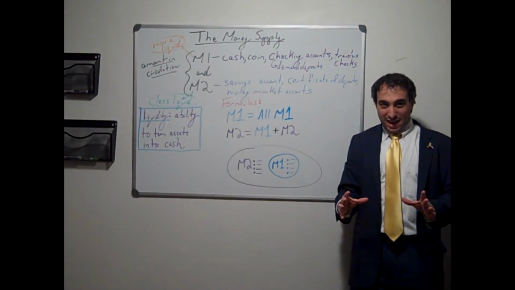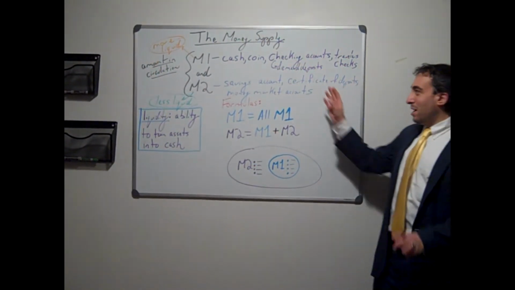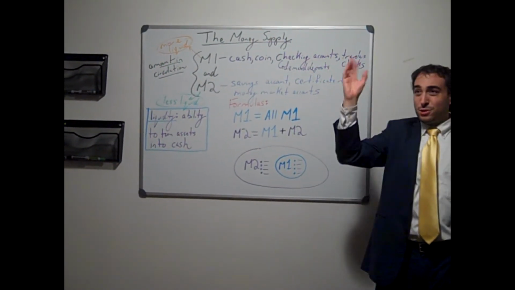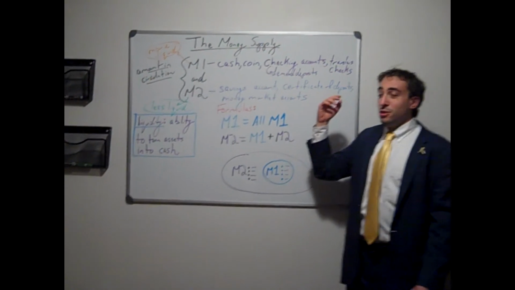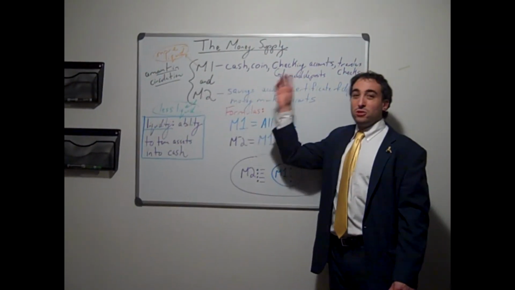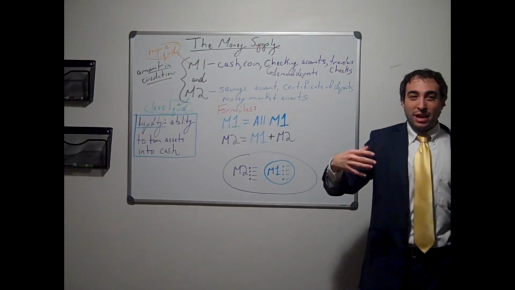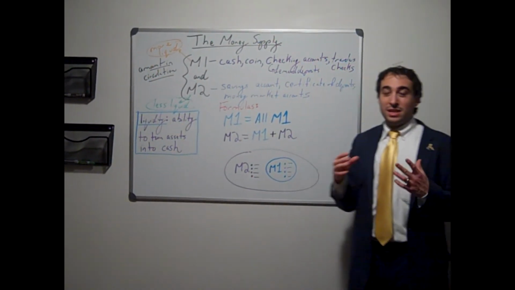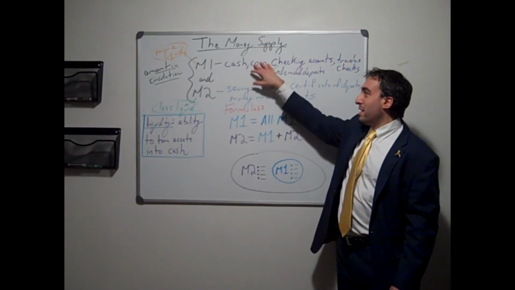Now for the AP test, if you turn cash into checking, I think this was actually an AP question, let's say you deposit $5,000 cash into $5,000 checking. What is the change to M1? The answer is there is no change, because it is still M1.